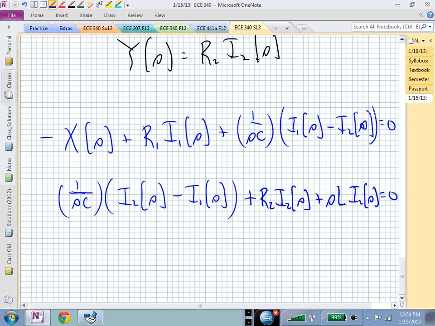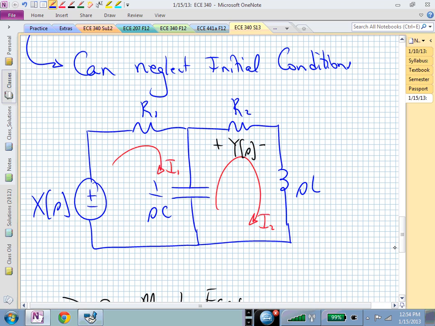Yes, sir. Well, the question was, how do you decide the polarity or the orientation of your voltage relative to the capacitor?